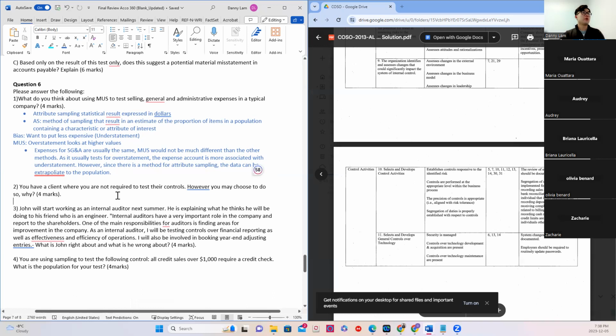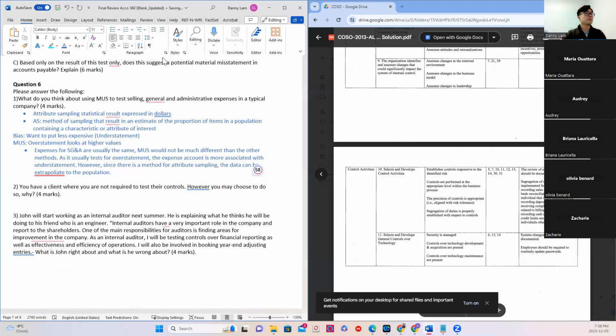So you have a client where you're not required to test the controls. However, you may choose to do so. Why? Yes, Maria, go ahead. If your client has strong internal controls, instead of just doing substantive testing, if you can rely on their internal controls, then you can do both, I guess.